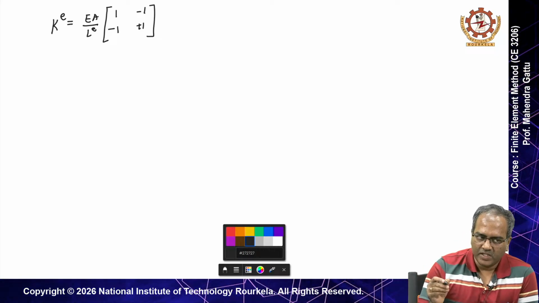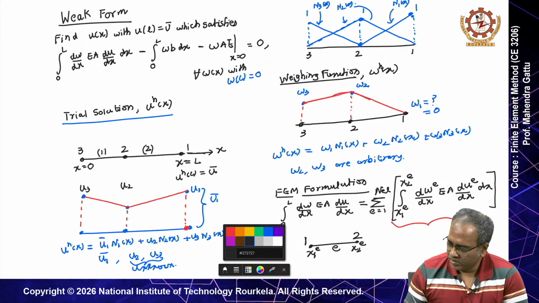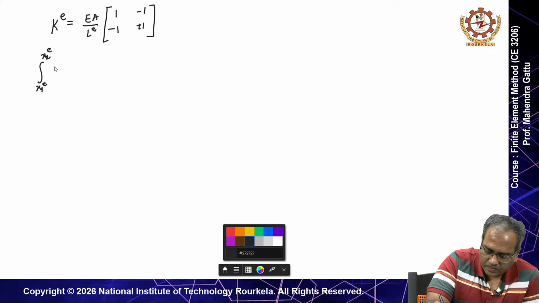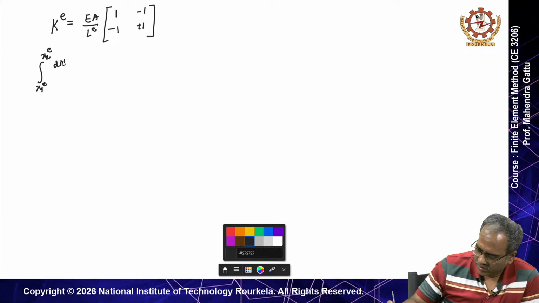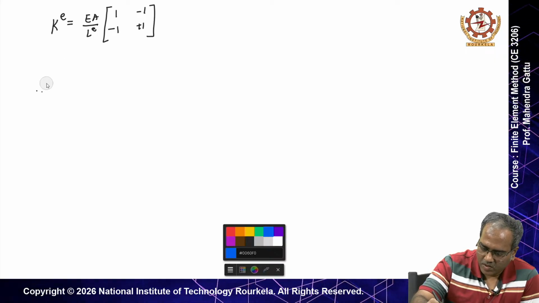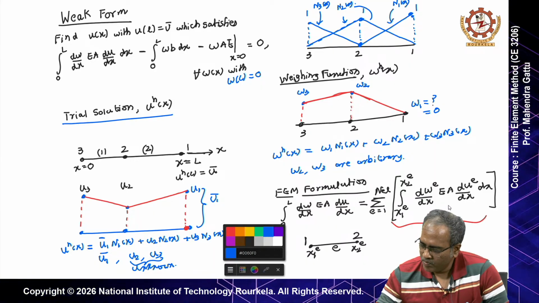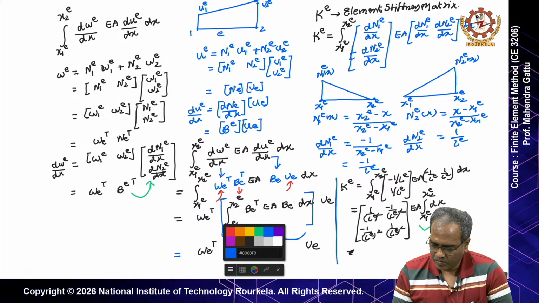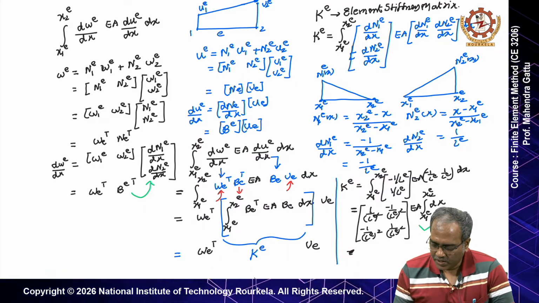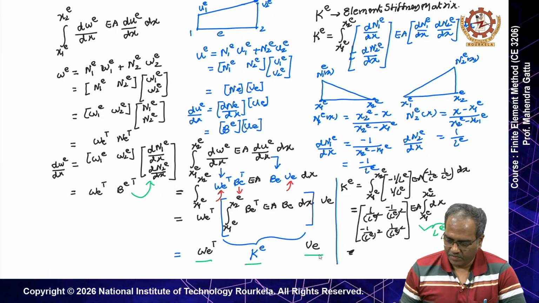So, let us come back to this equation. Let us look at this term carefully, W transpose Ke Ue.